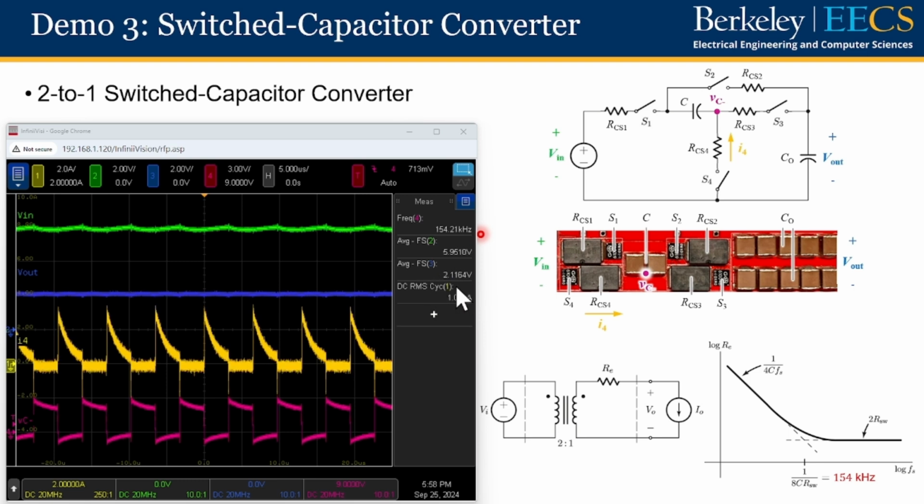This is because by increasing the switching frequency, we effectively reduce the output resistance, and therefore at the same load current, the voltage drop on that output resistance becomes smaller, and so the output voltage becomes higher. Also, we can notice that the current flowing through S4 becomes less spiky than before.